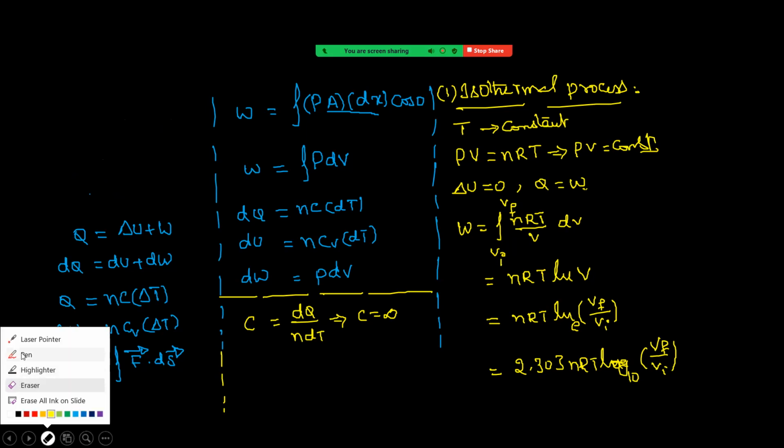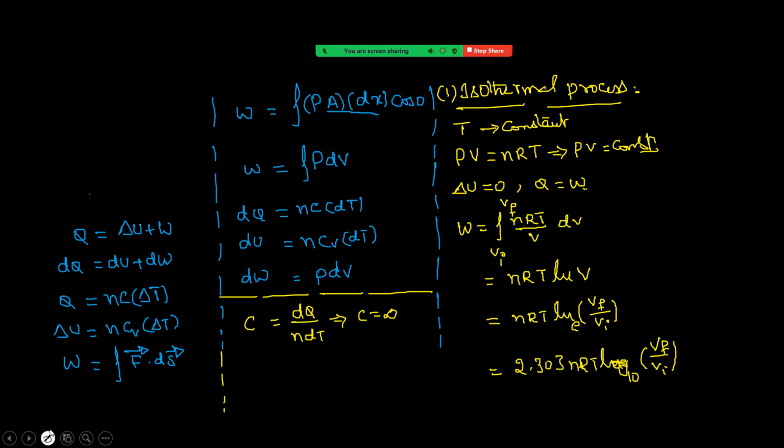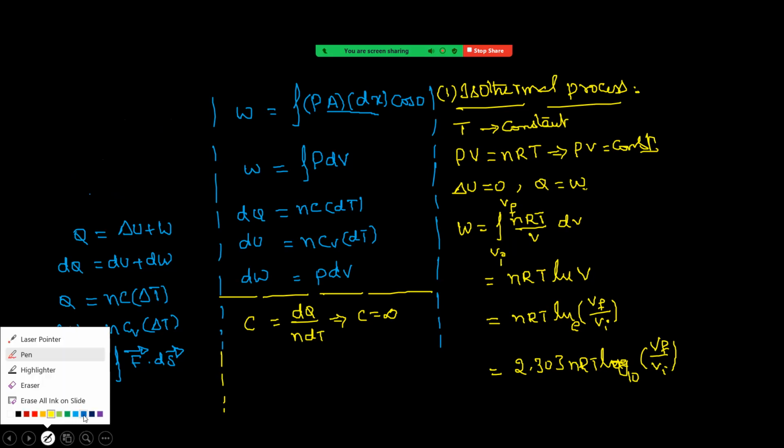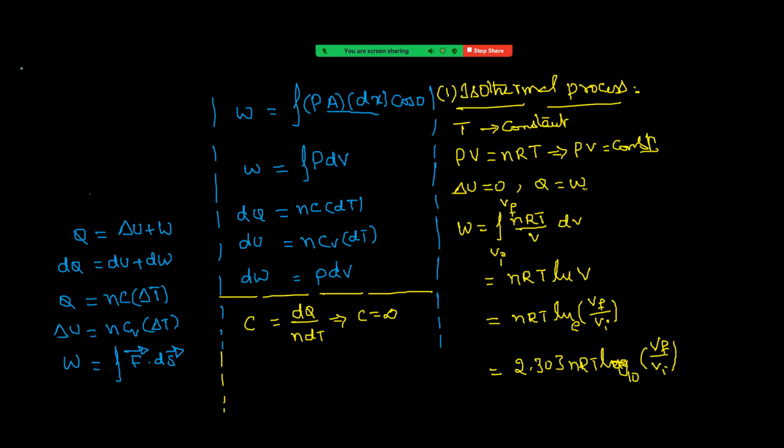See how bulk modulus is defined. Bulk modulus is given by B equal to delta P by minus delta V by V. Let us see how to calculate that.